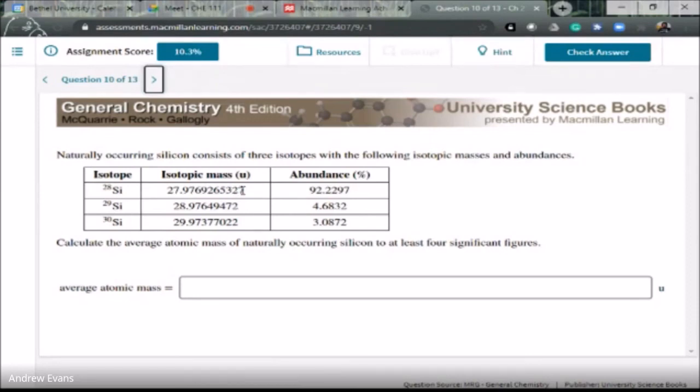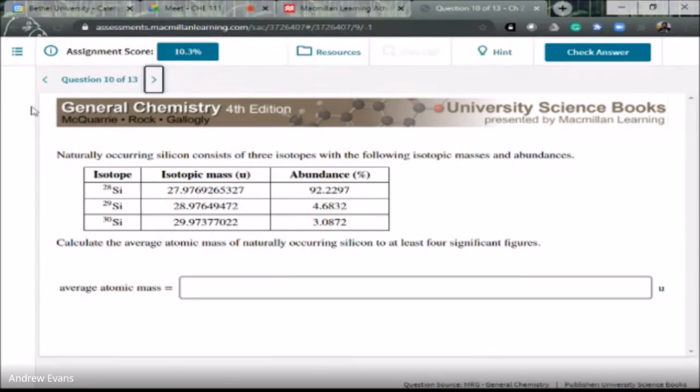So this number times this divided by 100, essentially to put it into 0.92. This number times this divided by 100. This number times this divided by 100, and you add all of them up. So this product plus this product plus this product will get you your answer.